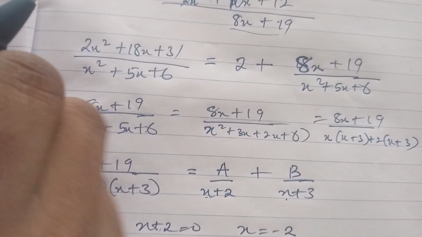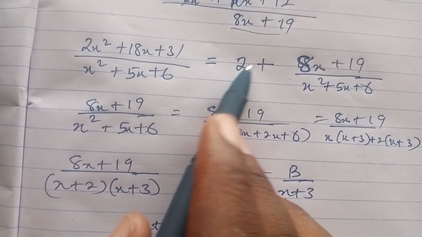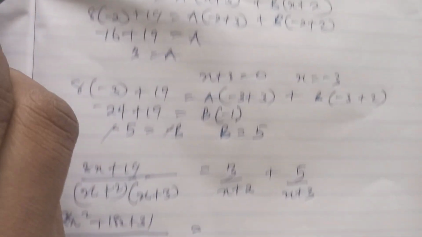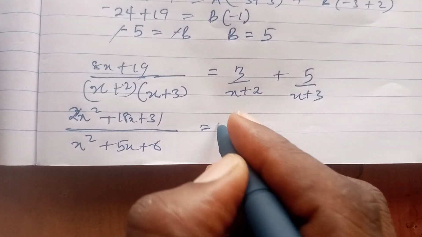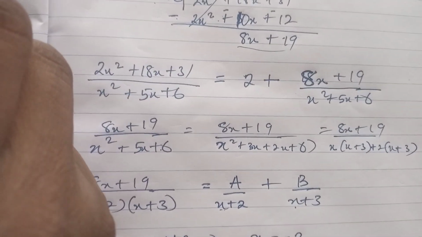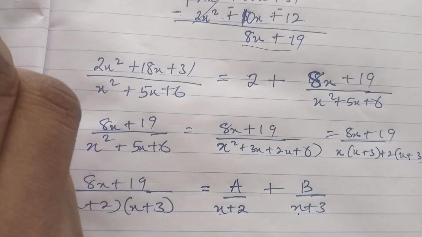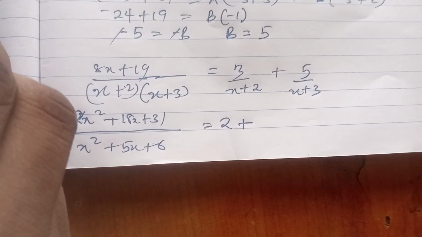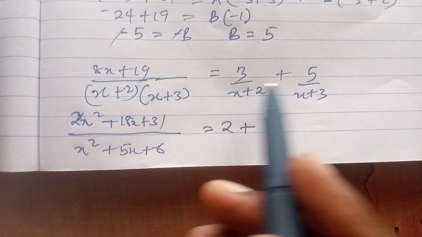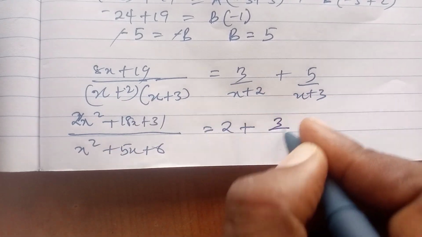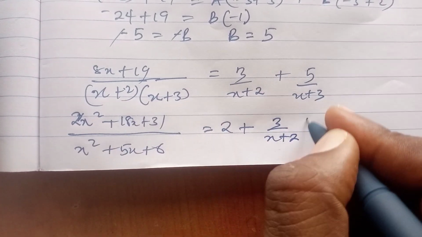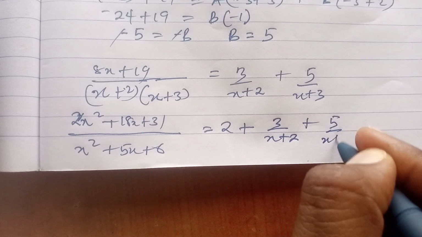This equals 2 plus, now this one, we have resolved into partial fractions. 8x plus 19, we have resolved it, and this is it. So now plus 3 over (x plus 2) plus 5 over (x plus 3).